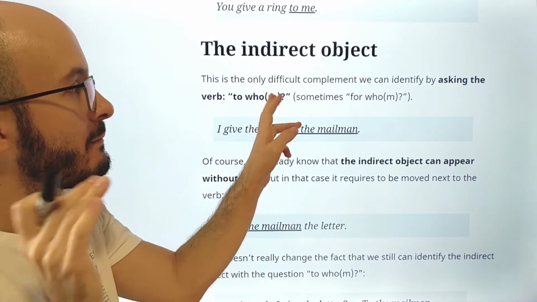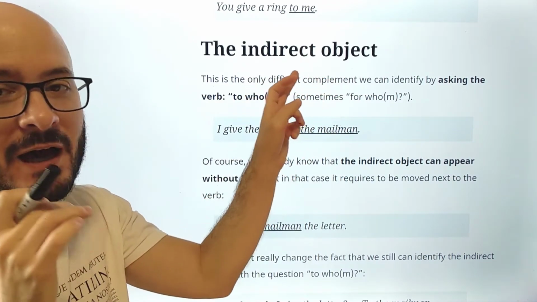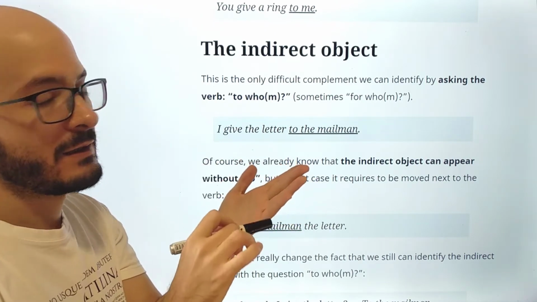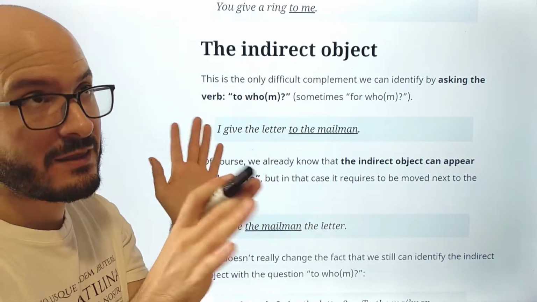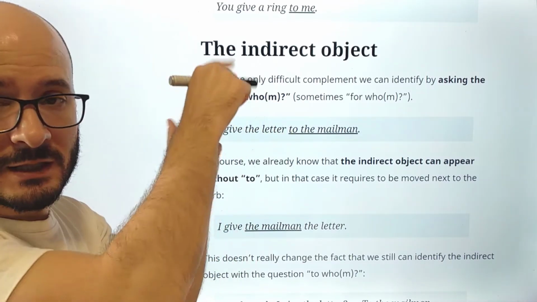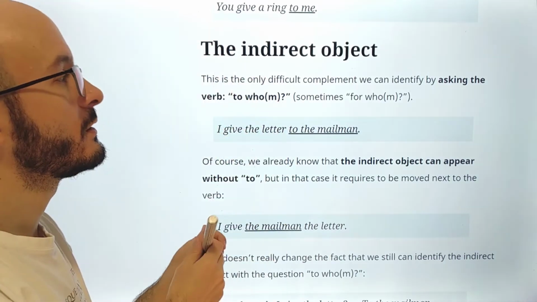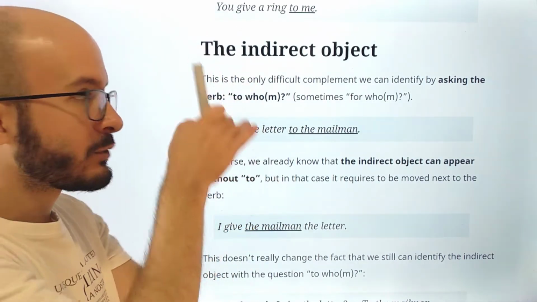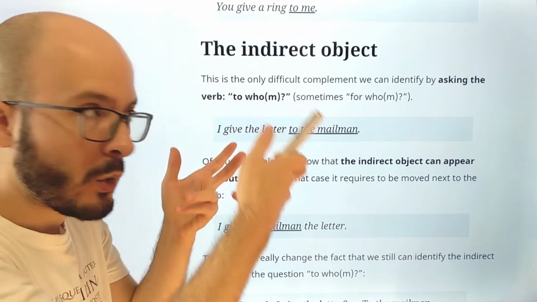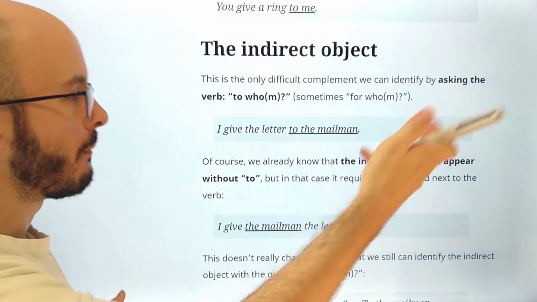By difficult complement, I mean that subject, direct and indirect objects and attribute are the difficult complements to identify, because there are many tricks like we have been seeing before. So this is the only time that we can actually ask the verb to who or to whom, or sometimes for who or whom.